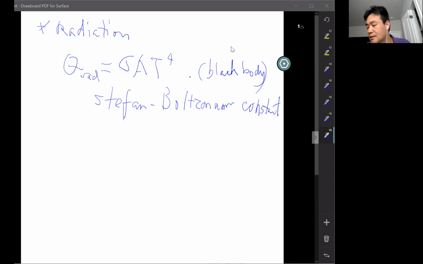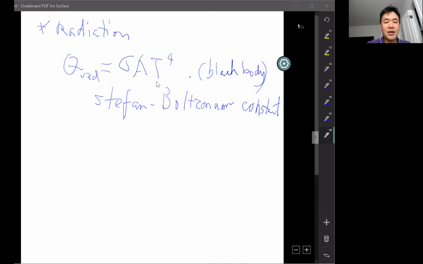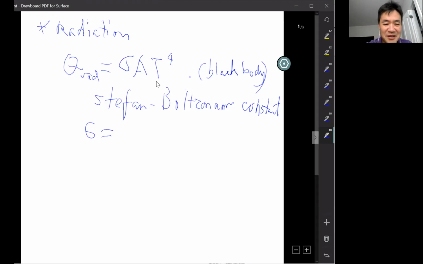Yes, anybody want to say something? Okay, so the Stefan Boltzmann constant equals... you can easily remember this. When I was in college, in the heat transfer class, the professor actually asked us to memorize this constant.